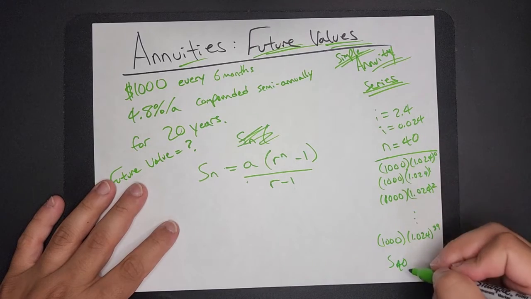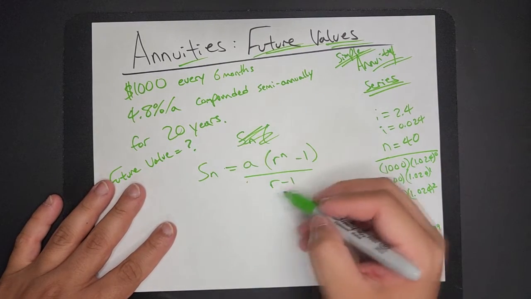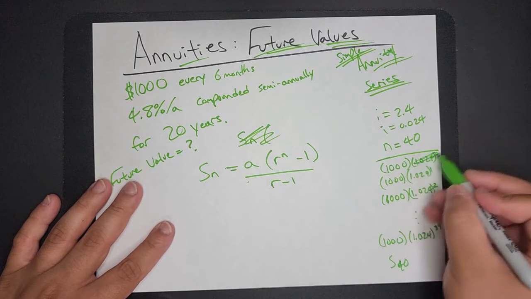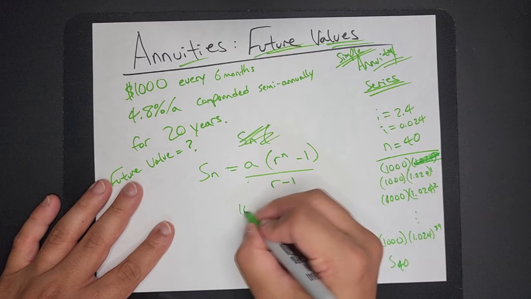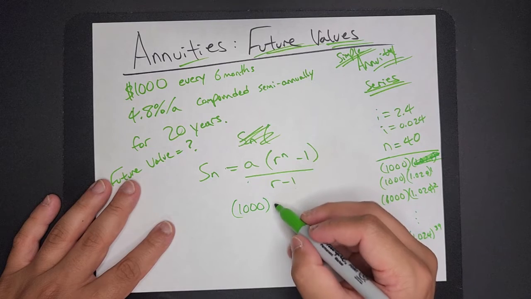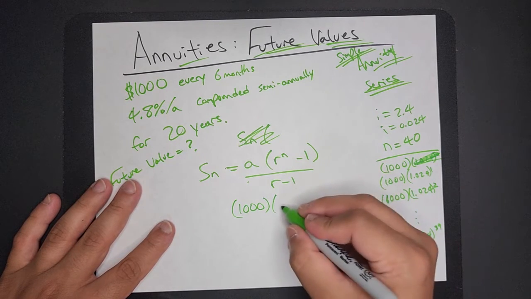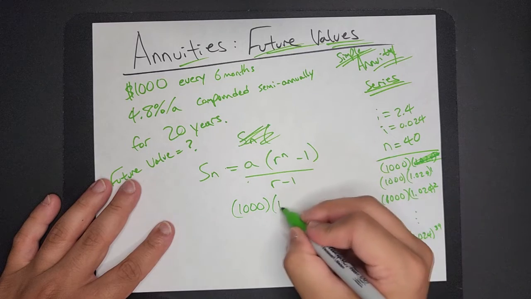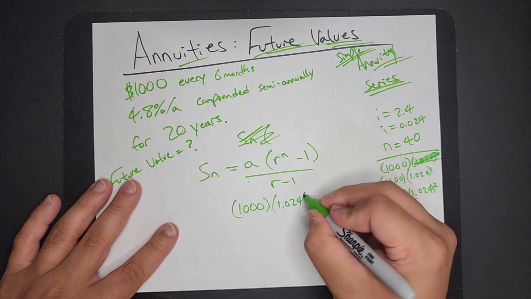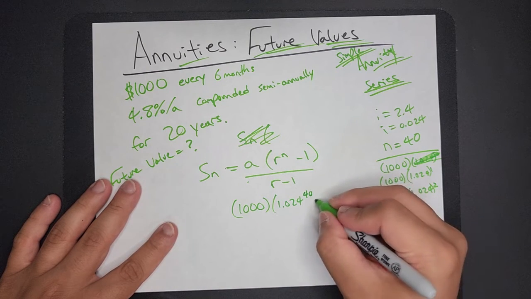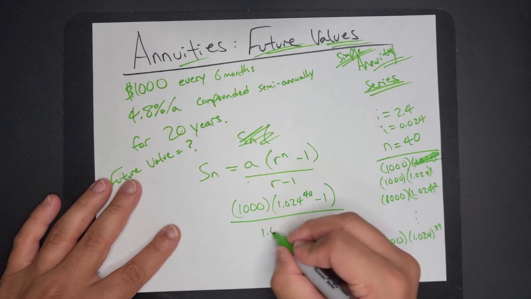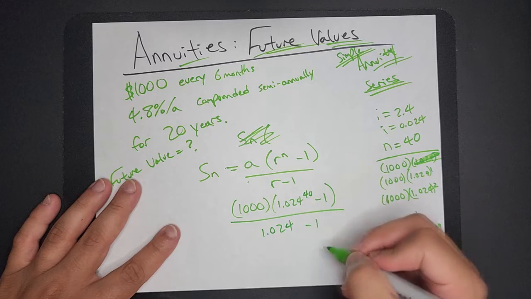Instead of writing all this out, we're going to use the formula we learned. So we're going to plug in our first value, A, 1,000. And then in the bracket, we have our interest rate that's being multiplied again and again, 1.024 to the power of how many intervals? 40, minus 1. 1.024 is our R.